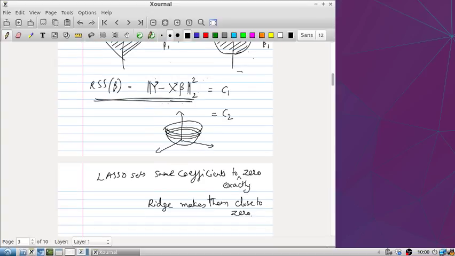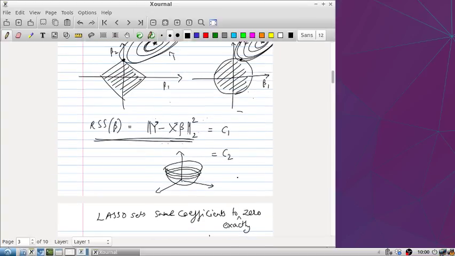Lasso sets coefficients to exactly 0 because of this interpretation. Any questions about this?